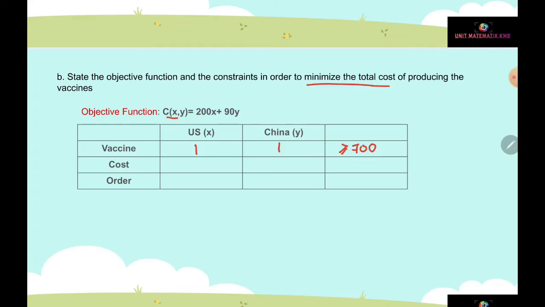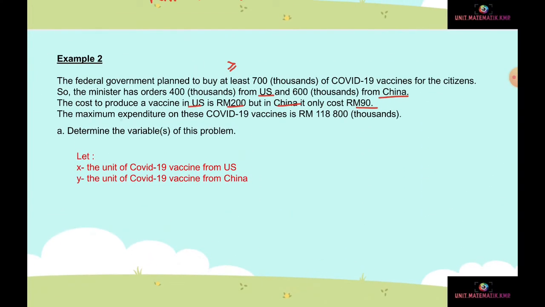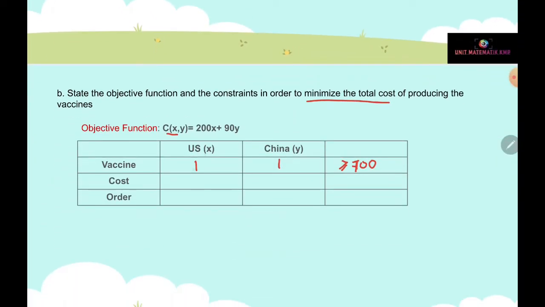Since 1000 is the other unit, we just put 700 only. And then for the cost, the maximum cost is 118,800. From the US, the cost for each unit is 200 and from China is 90, and the maximum means it must be less than or equal to 118800.